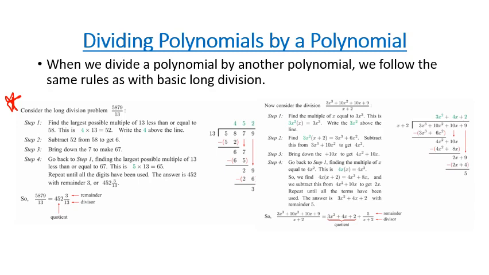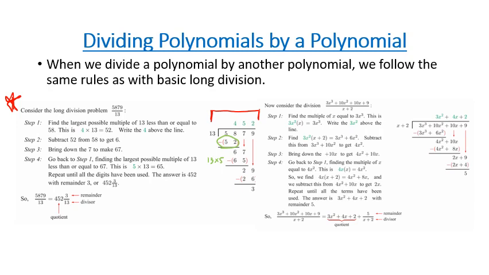And you can see the process over here. We've obviously gone 13 times 4 to 52. We found our 52. 58 take 52 gives us 6. We bring down the 7. We've now got 67. Then 13 times 5 gives us 65. We take 65, bring down the 2.